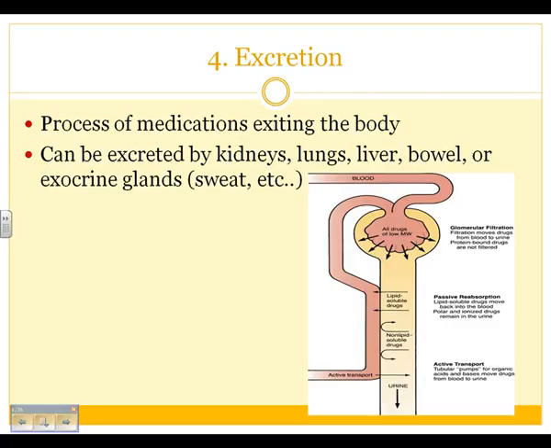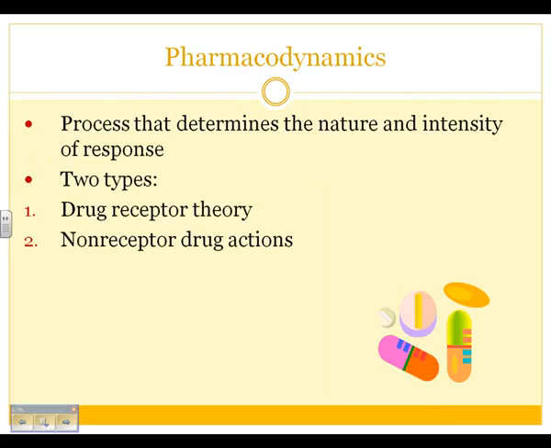All right, so that was pharmacokinetics, and that was what the body does to the drug, right? So now we're going to talk about what the drug does to the body. This is the process that actually determines the nature and the intensity of the response. So this is what the drug actually does to the body, the response that we get.